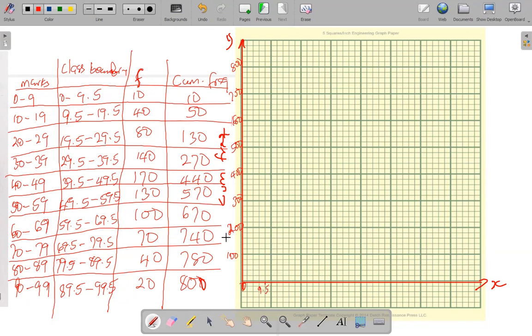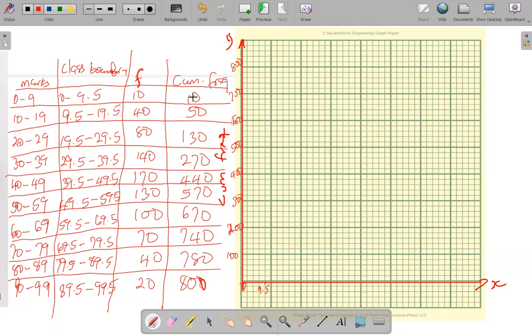By the way, these tiny boxes along the y-axis, how much is each of them? From here to here is 100, and I have 5 boxes before I get to 100. Meaning each box will be 100 divided by 5, which is 20.